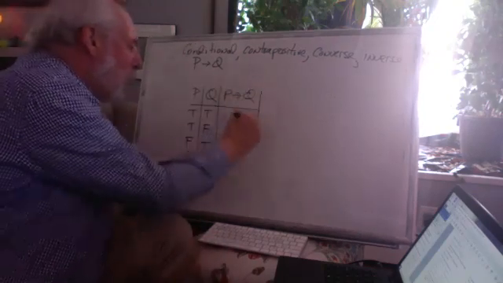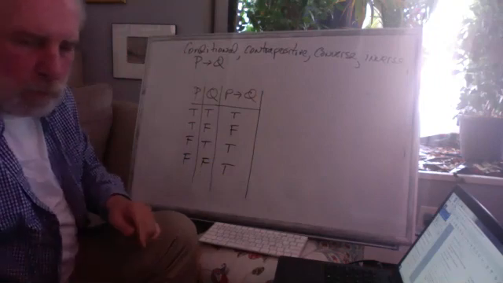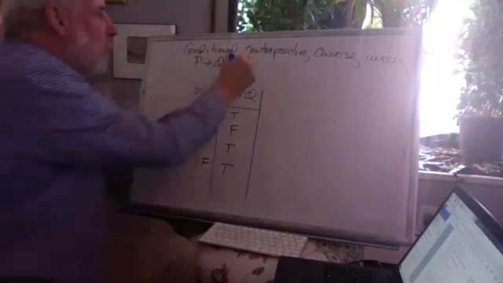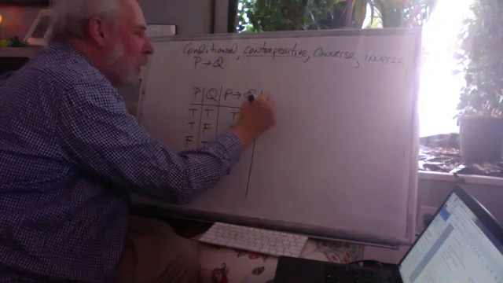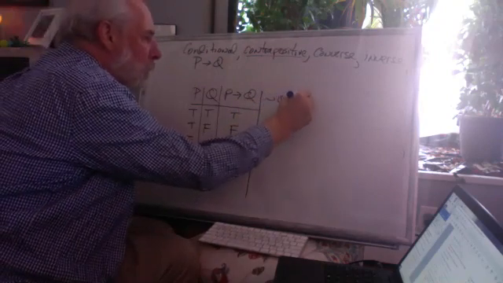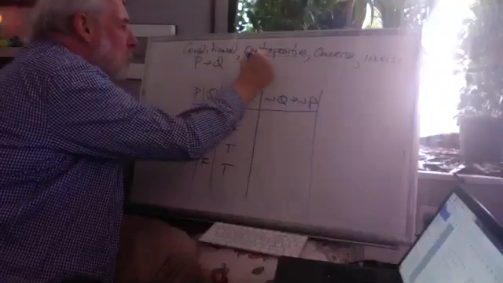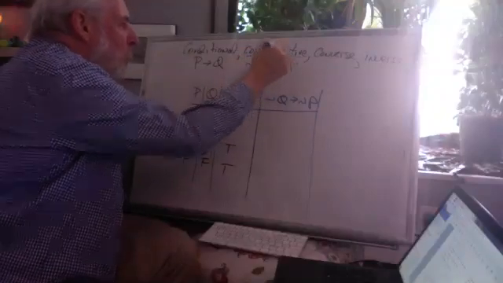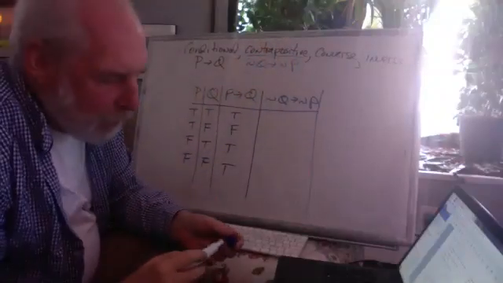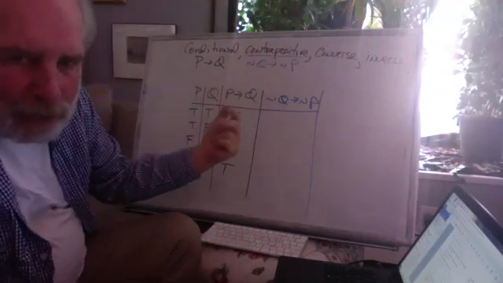Now, if we look at the converse, the contrapositive. Contrapositive looks like this. So the contrapositive structurally is you swap places and you negate both of them.